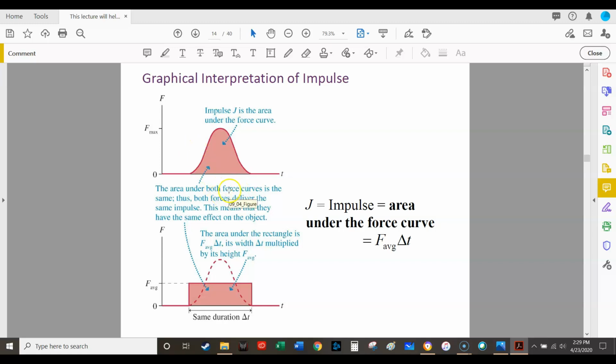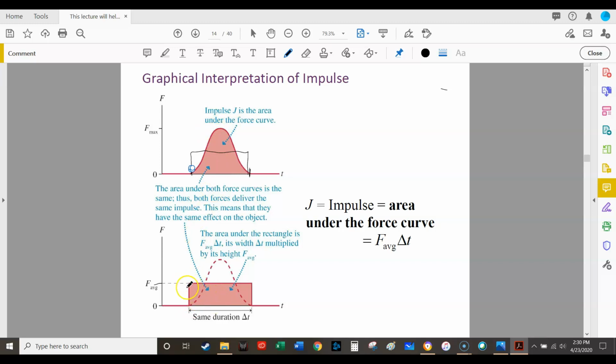What you can do is, if you take the initial force and the final force, and you take the averages over this entire period of time, the average force over this entire period of time, you could approximate this shape into a square, or a rectangle rather.